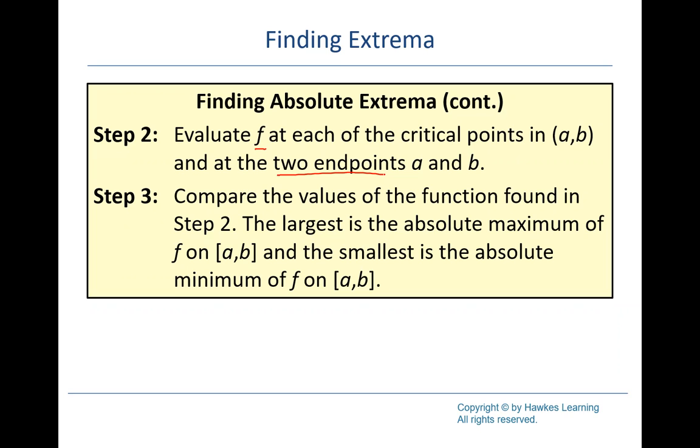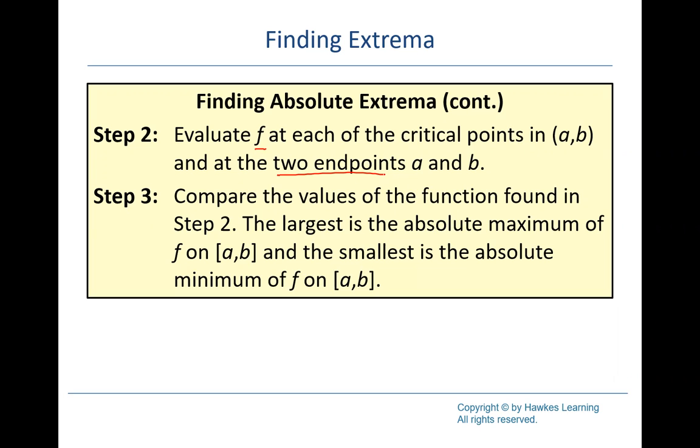So once we've located those critical points, we'll plug those points back into the original function and also plug the endpoints in. Because in step 3, we're going to look at those values and find which is the biggest and which is the smallest. The biggest will be our absolute maximum value, and the smallest will be our absolute minimum value.